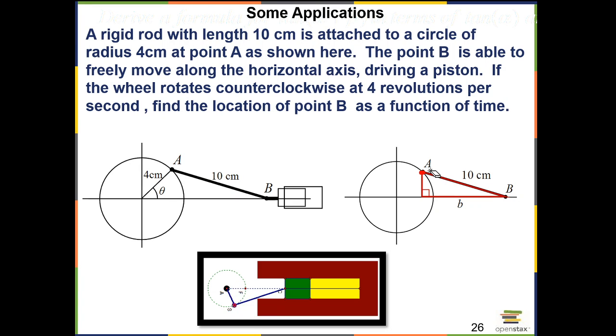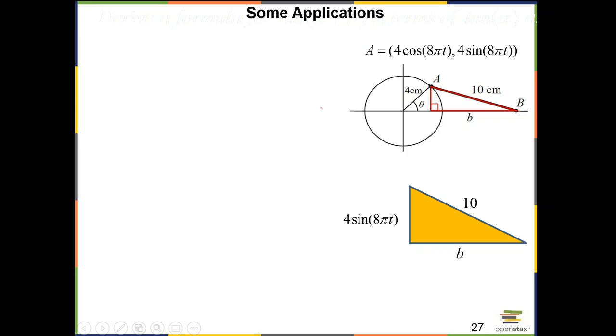So we know that A is really R cosine theta and R sine theta, right? And now we are going to have to relate the angle to the linear velocity here, which is what? Which is 4 revolutions per second.